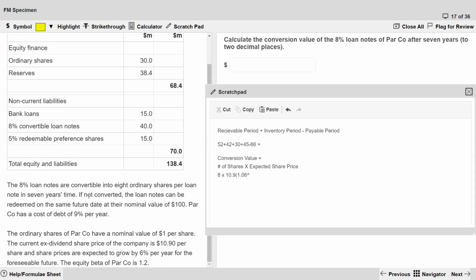So this is right now. That means it's going to grow 7 times, right? Hence, resultingly, how much does it turn out to be?